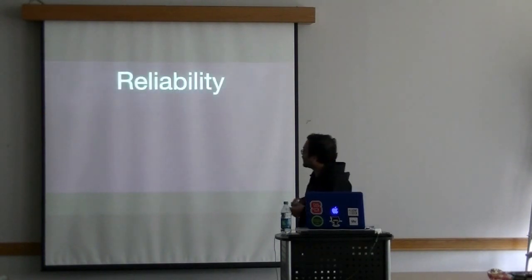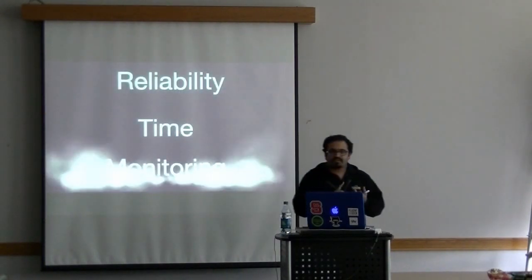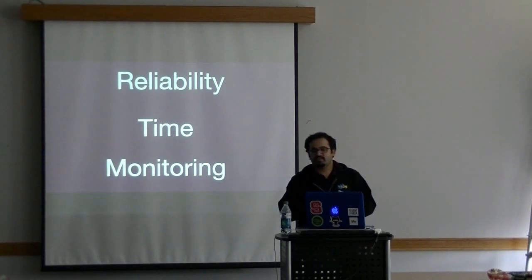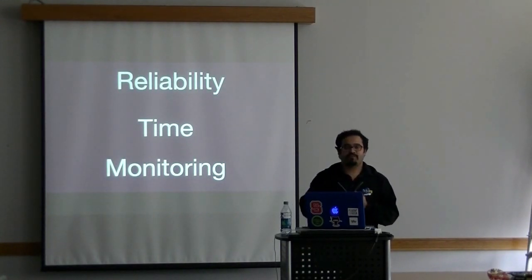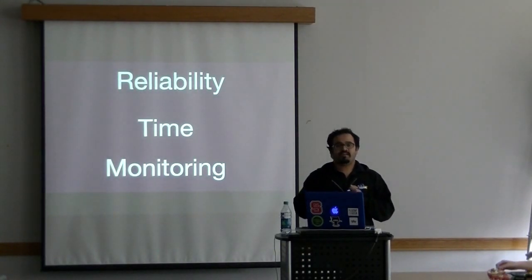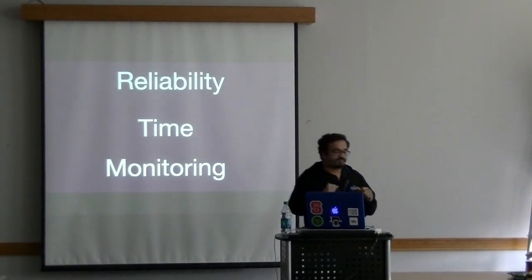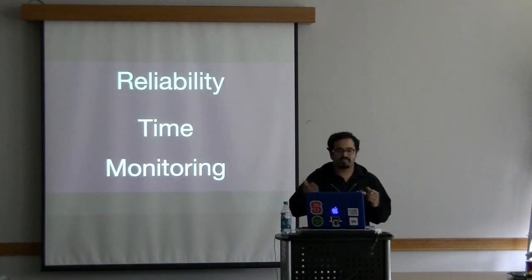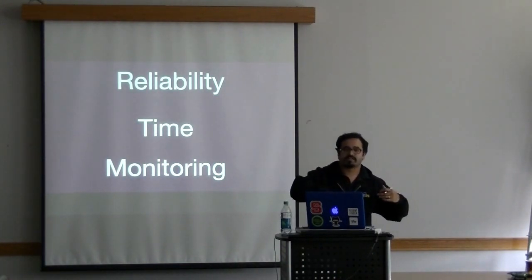So, rounding up to where we are going: reliability, time, and monitoring. These were the three main things that we were seeing lacking in the current solutions that we had so far. Why do I say reliability? We use Jenkins on our side to do the automation for content syncs.